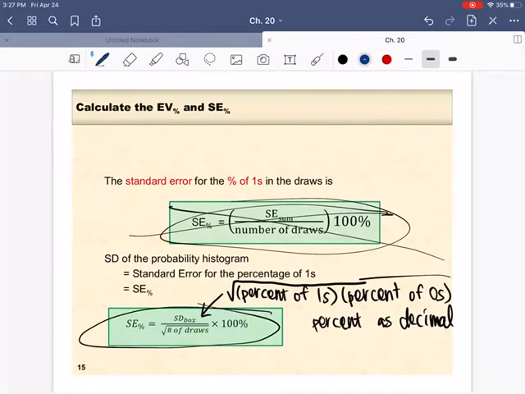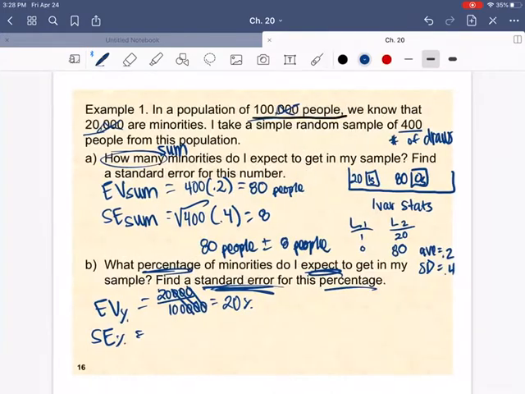The standard deviation of the box over the square root of the number of draws times 100%. And we're going to use this formula for the standard deviation of the box. So we're going to do the percent of ones, there's 20% that are minority, times the other part of that 100%. So 100% minus 20% is 80%.